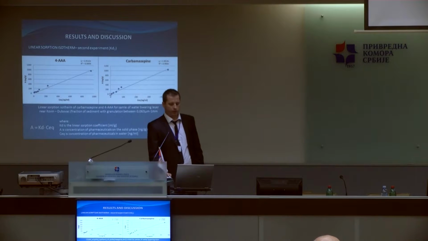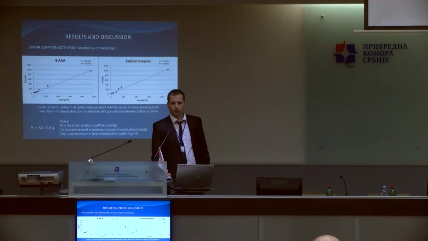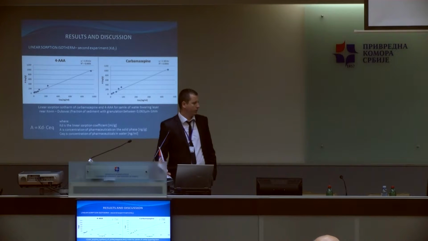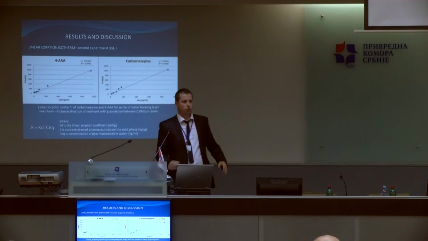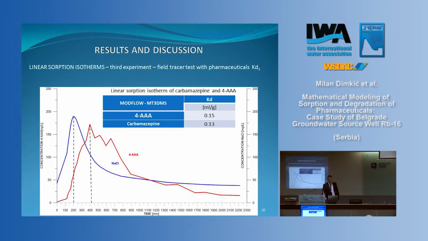We have 3 fractions. Fraction less than 0.063 millimeters, between 0.63 and 1 millimeter, and more than 1 millimeter. So we have different sorption coefficients for different fractions, different size. These are the results, some of them.